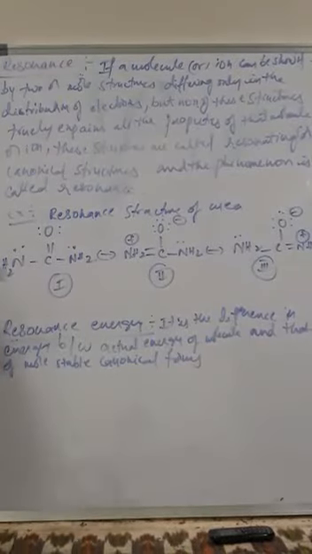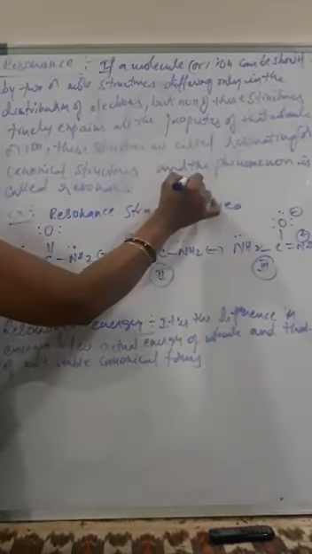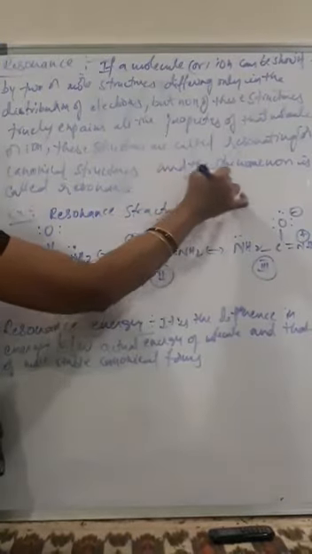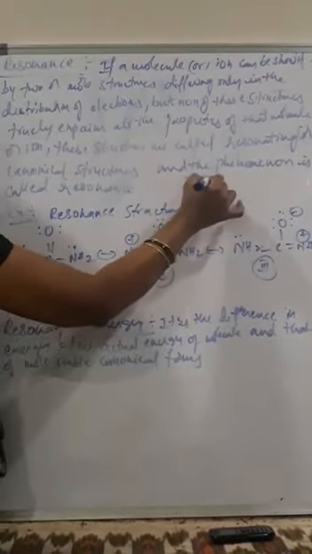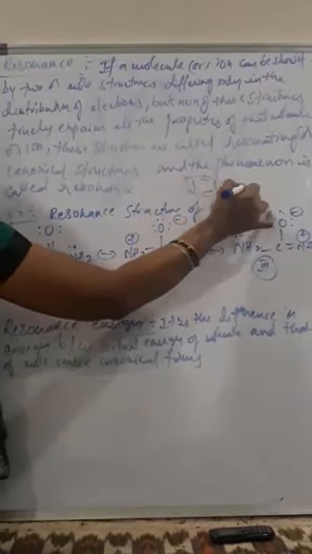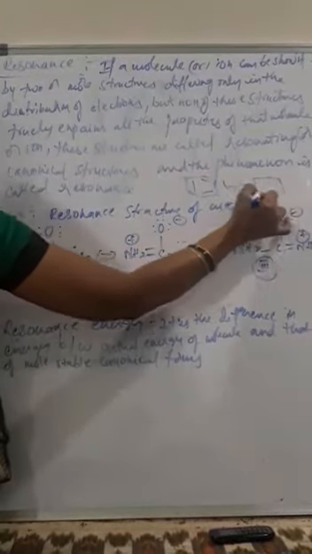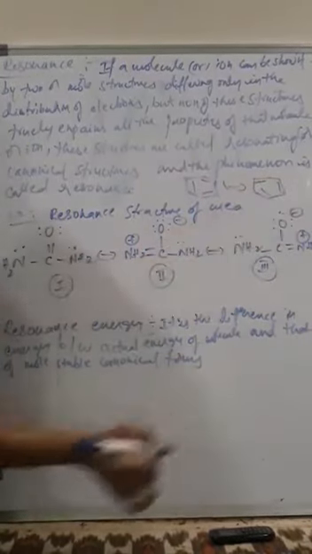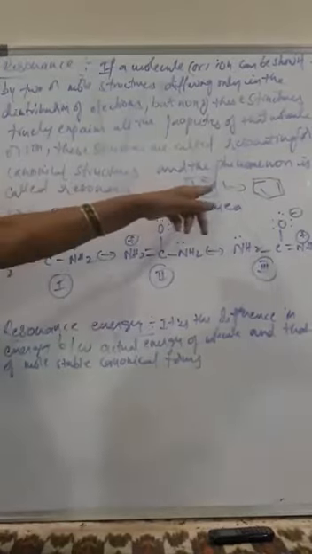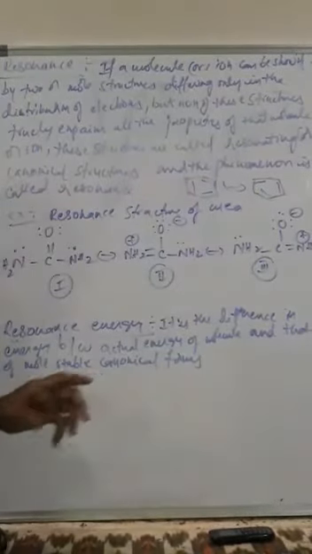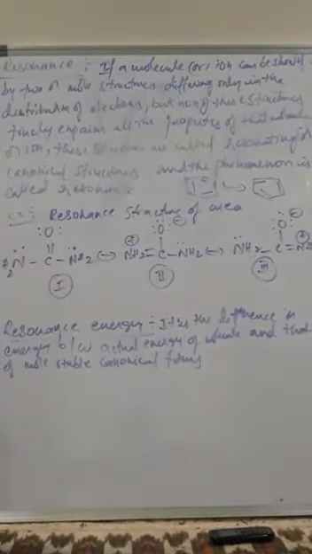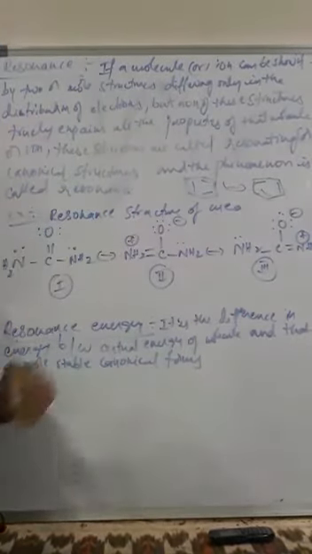So a molecule or ion can exist in two or more structures. For example, benzene exists in two structures, two canonical forms. These are the different structures of benzene, differing only in the distribution of electrons.